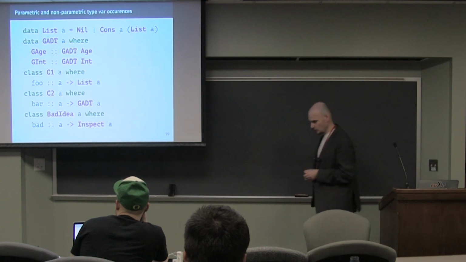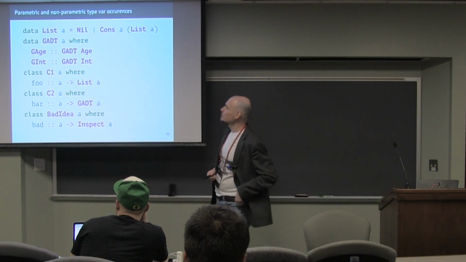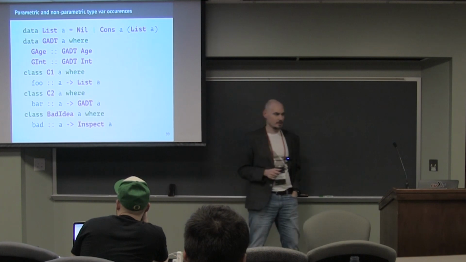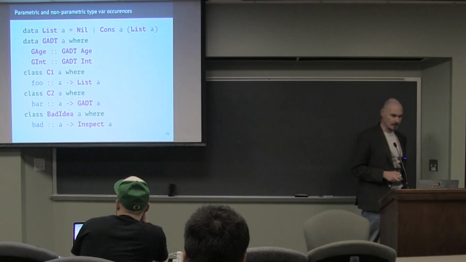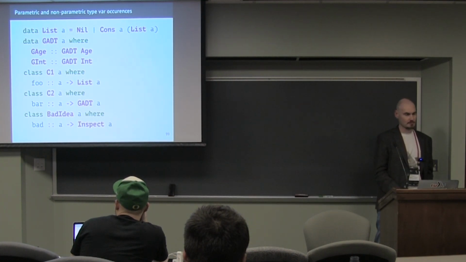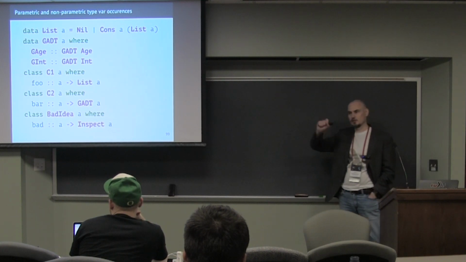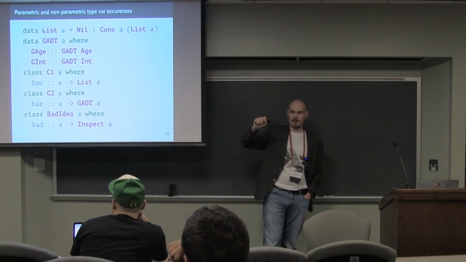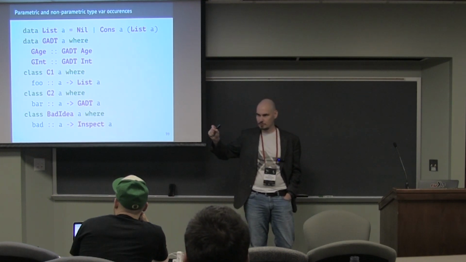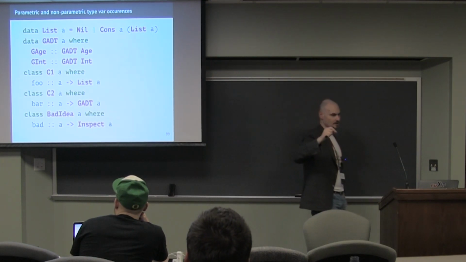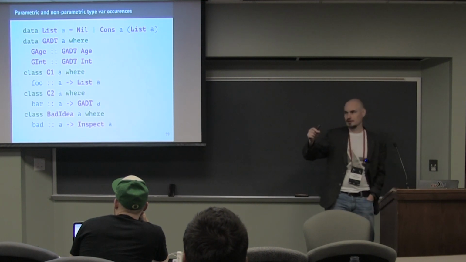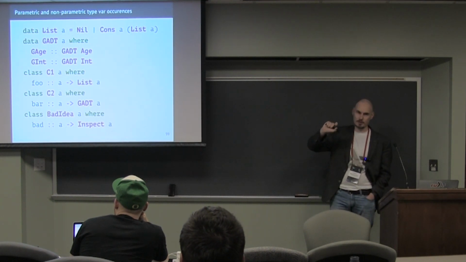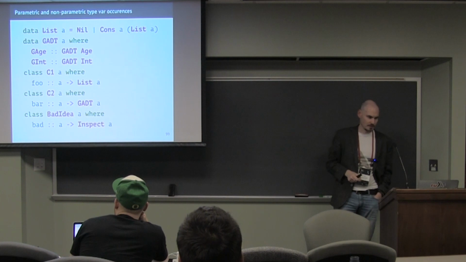Another notion which is in use here is parametric and non-parametric type variable occurrences. Parametric is a good thing. That means that we don't depend on this particular value. And non-parametric is a bad thing. It means that we are doing something with this type variable.